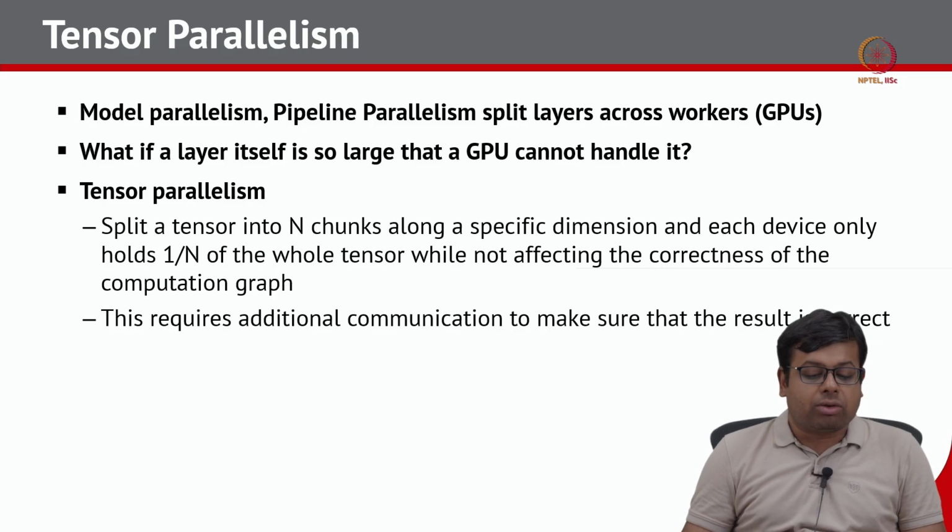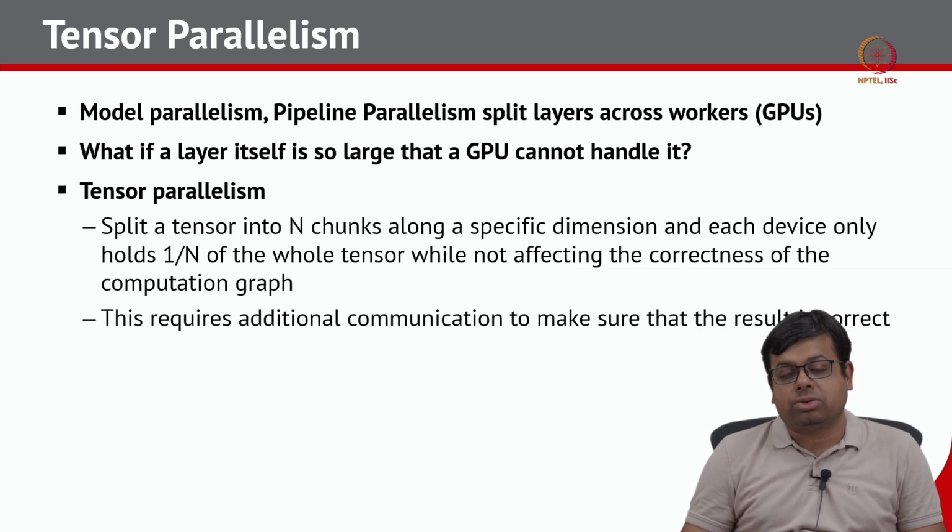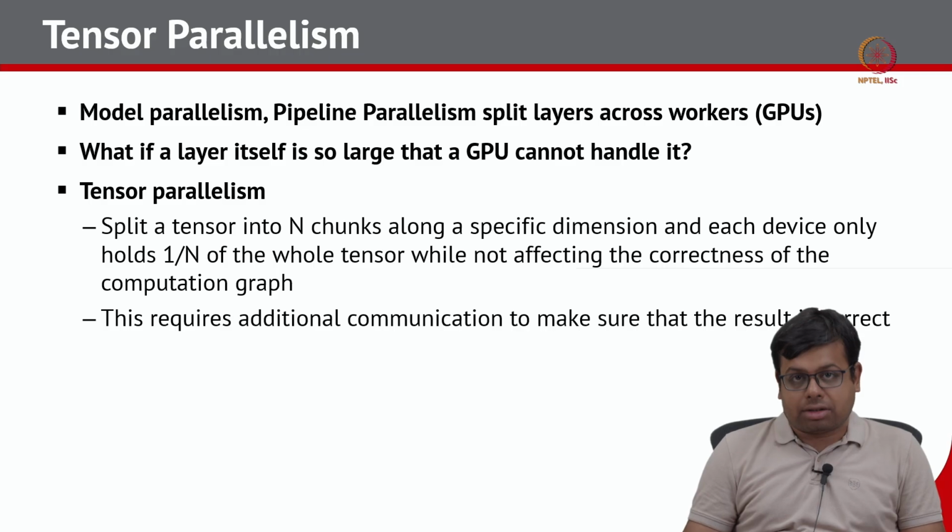Of course, if we segment a tensor into n chunks and then map each of the chunks onto individual GPUs, that will require additional communication to make sure that the result is correct. So that is tensor parallelism.